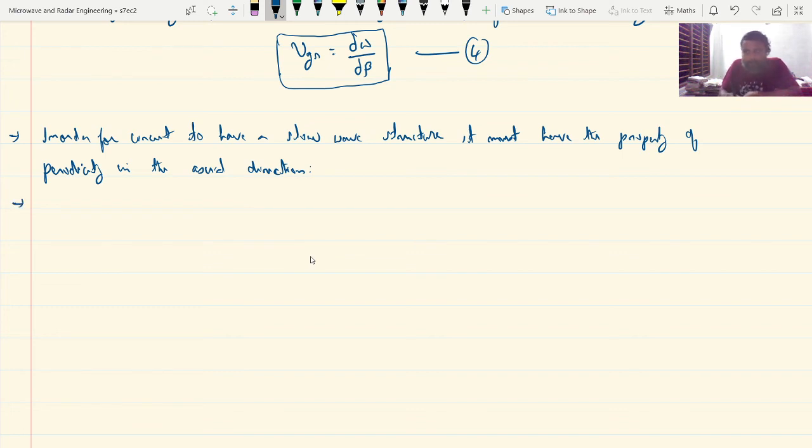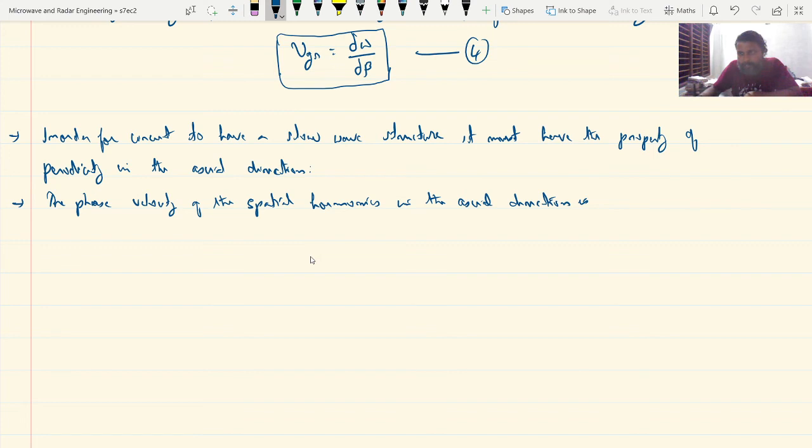Next point, the phase velocity of the spatial harmonics in the axial direction is obtained by Fourier analysis of the waveguide field.